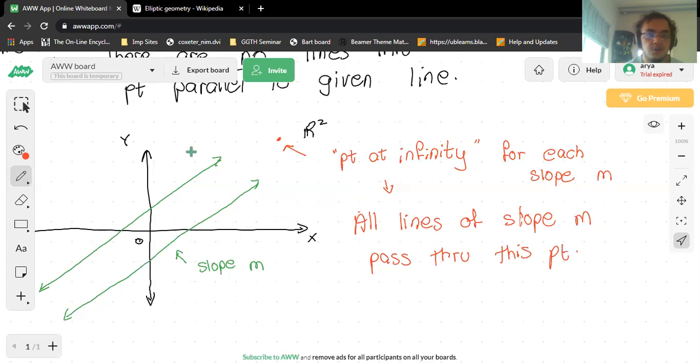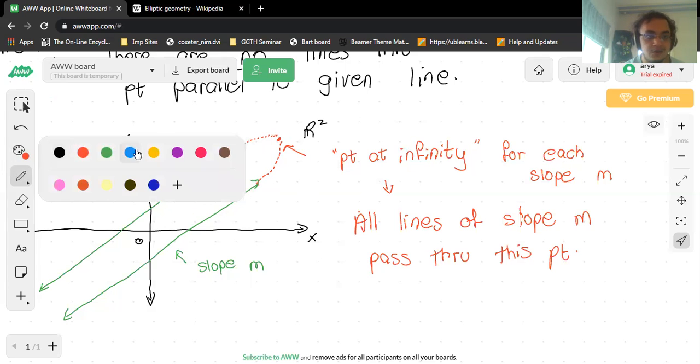So according to our definition, when you extend these green lines, we are defining this one artificial point very far away, a point at infinity, and we say that these two green lines meet at this point at infinity for slope m.